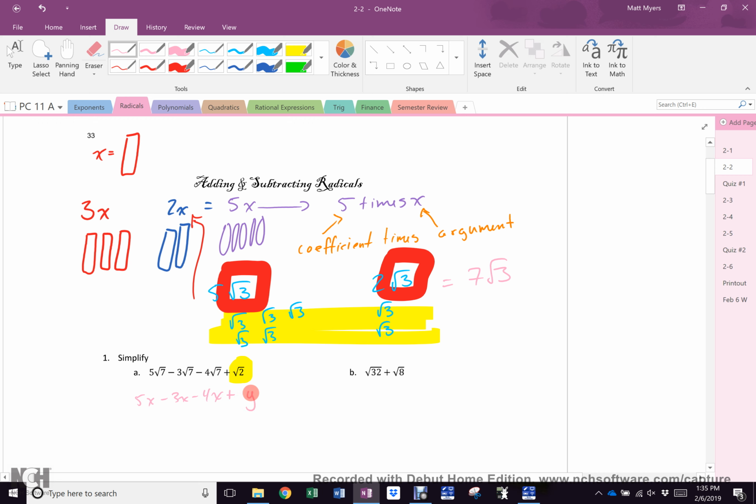It would have to be y because it's different. So we do it just like we learned in the 9th grade when we collect our like terms. That is 5 minus 3 minus 4 root 7 plus root 2. 5 minus 3 minus 4 is negative 2 root 7 plus root 2. And that is all you do.